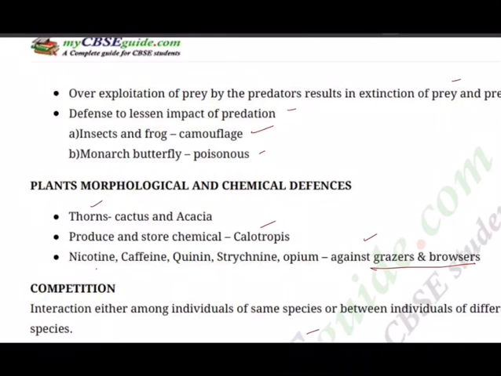Fungi give protection to algae by secreting antiseptic materials, and algae give food for the fungi. So algae get protection from the fungi, and fungi get benefit through algal food. This is a classic example of mutualism.